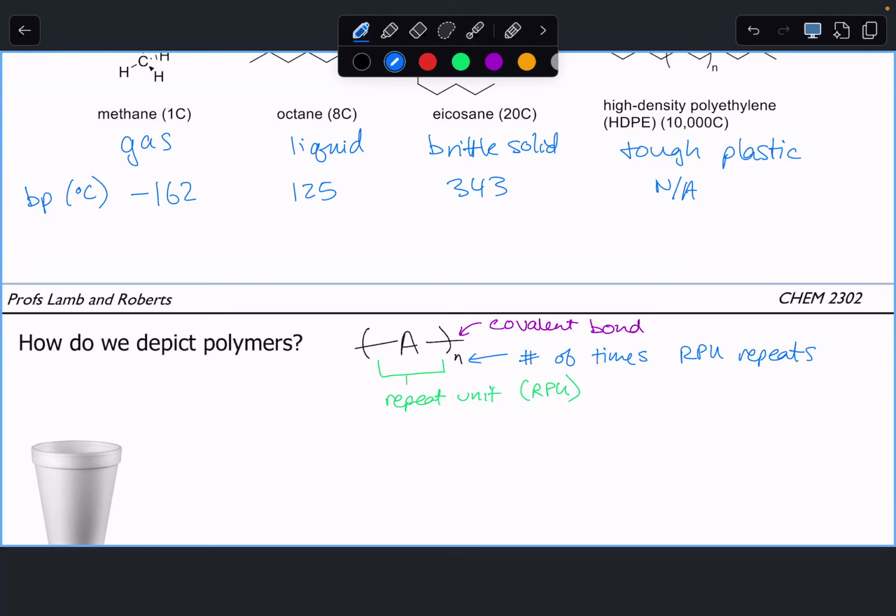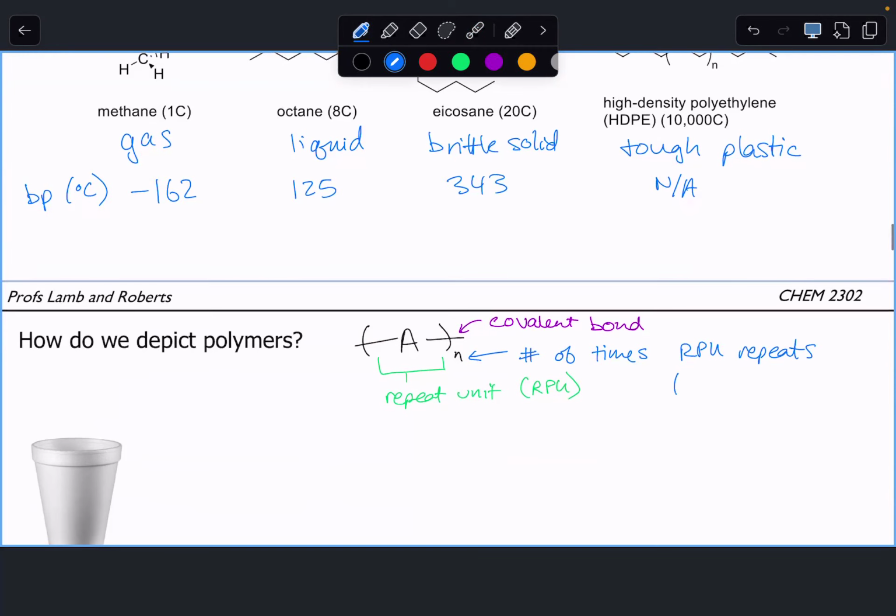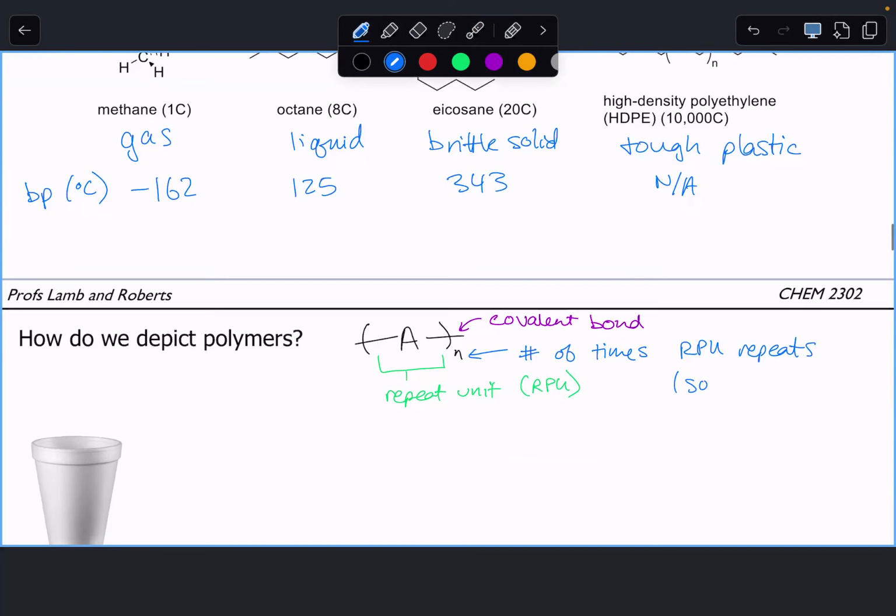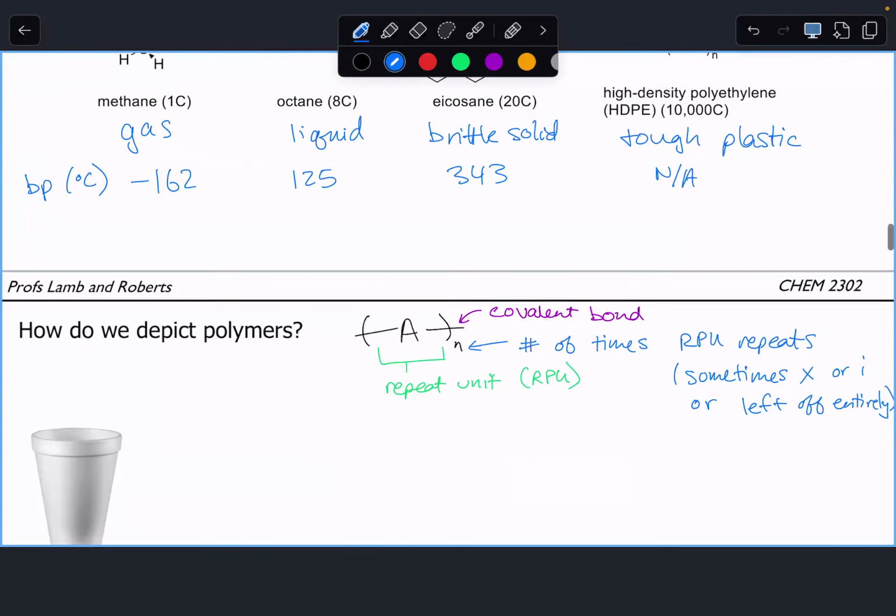This is a kind of annoying thing about polymers, that the nomenclature is not always consistent. Sometimes you'll see that n as x or I, or it'll be left off entirely. You don't need the subscript there, but you're technically supposed to, though you'll see it a lot without.